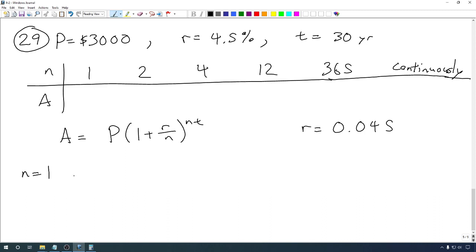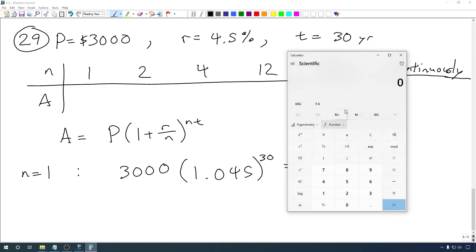So, say for N equals 1, we're going to take 3,000 and multiply it by 1 plus 0.045, to the N, which is, again, 1, times T, which is 30. And, of course, we're going to use a calculator for this.